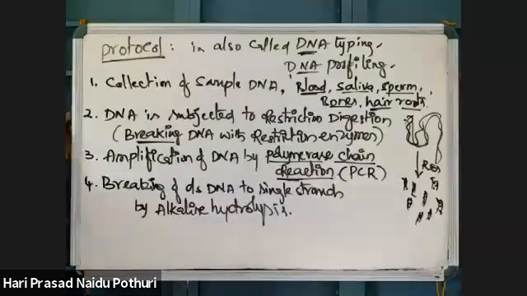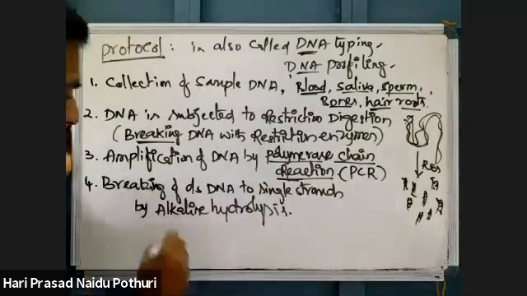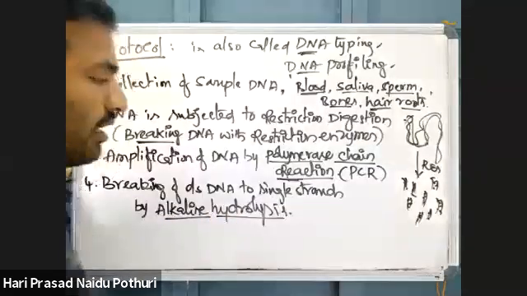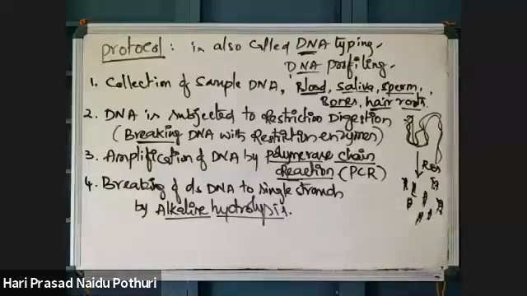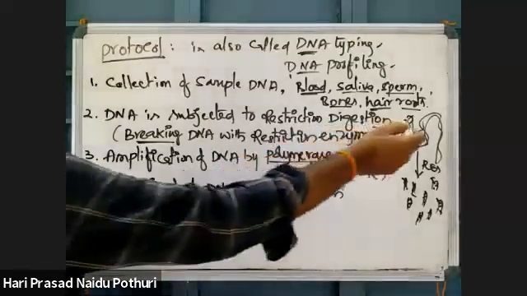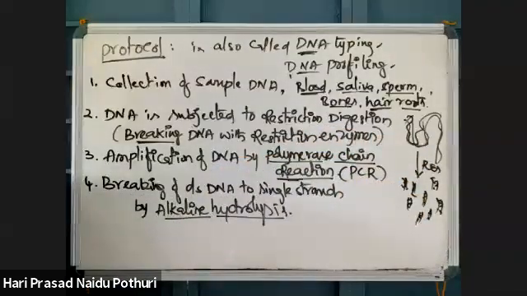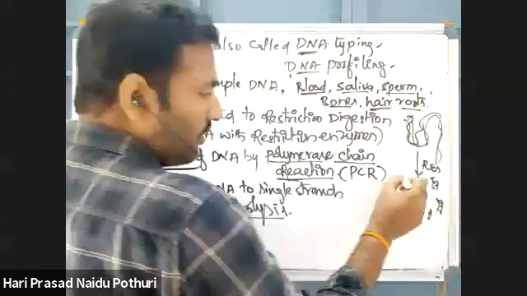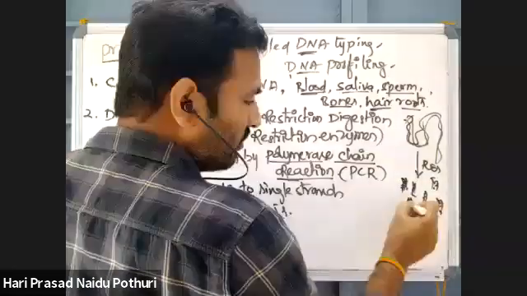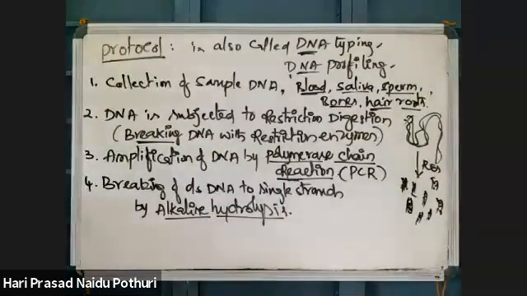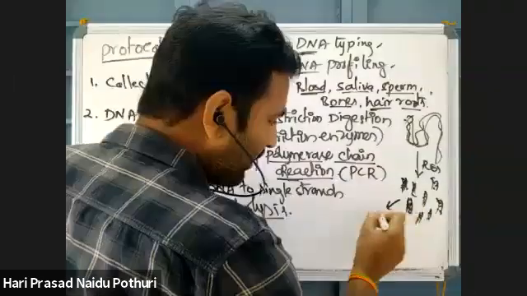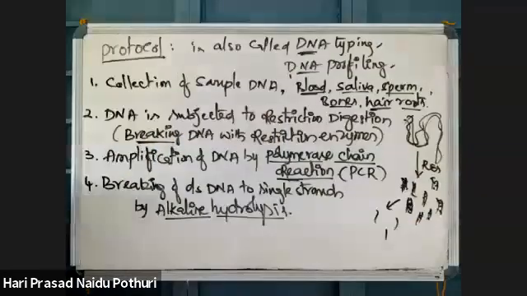By adding alkaline chemicals, the double-stranded DNA can be opened into two separate single strands. The long DNA is first broken down into short fragments, and the hydrogen bonds between the strands of the short fragments are broken. If we break those, the double-stranded DNA will be opened into single strands.